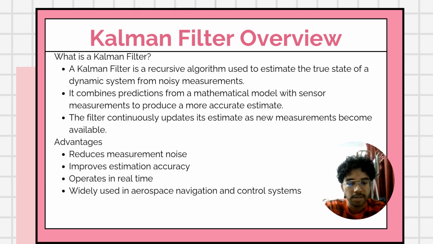In aerospace applications, sensors like GPS, IMU, and barometers often have errors, so we cannot rely on raw data directly. Instead, the Kalman filter combines two things: a mathematical model of the system and sensor measurements to produce a better, more accurate and reliable estimate of variables like position, velocity, or altitude.